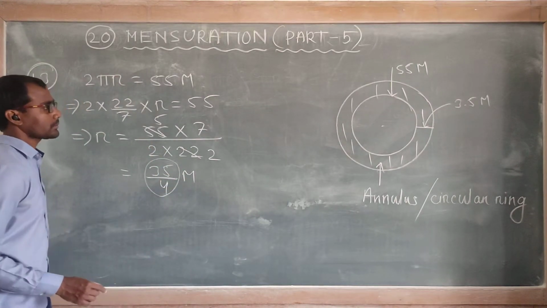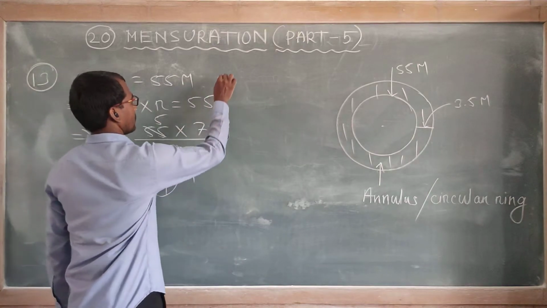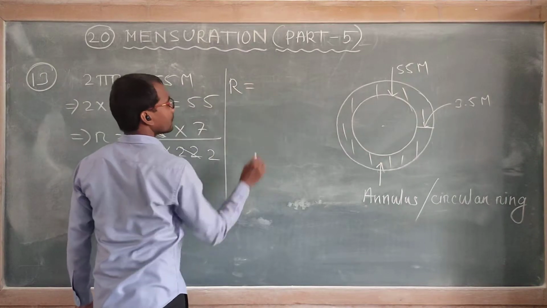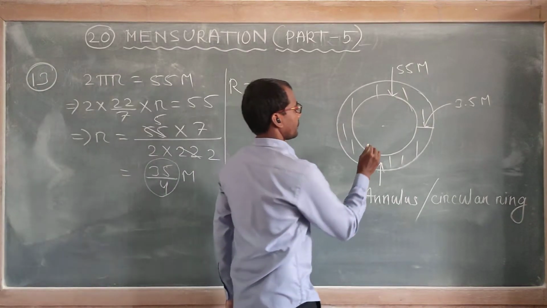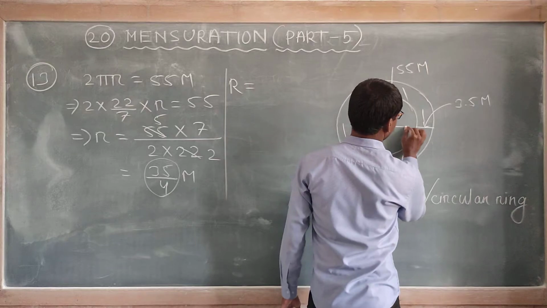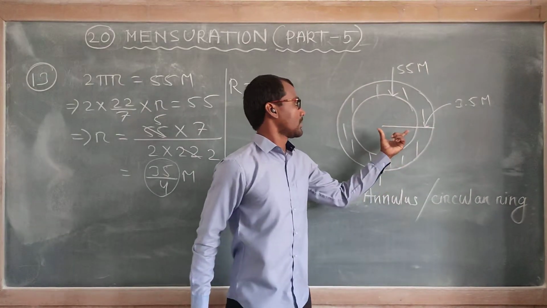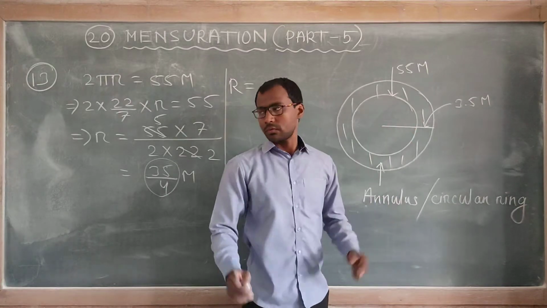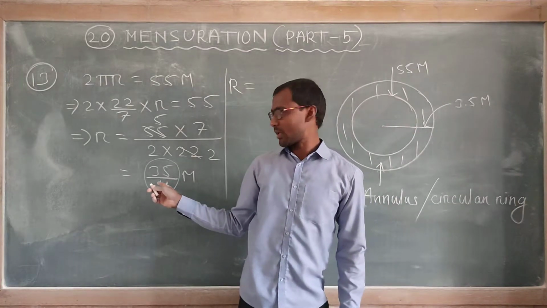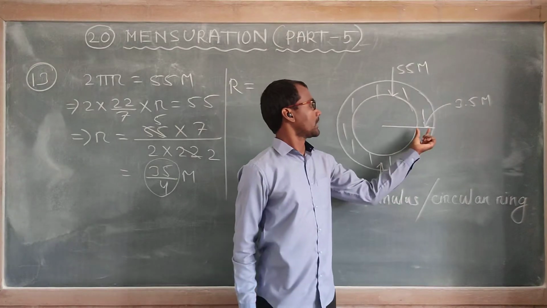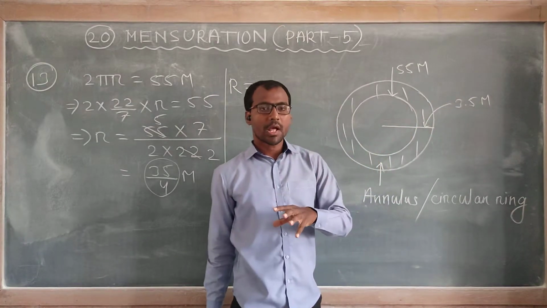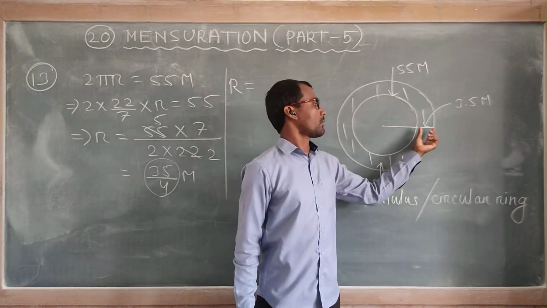Now let us go for capital R. This is small r, which is 35 by 4 meter, just now we have found. And the width of the path is 3.5 meter. So the capital R will be small r plus width.